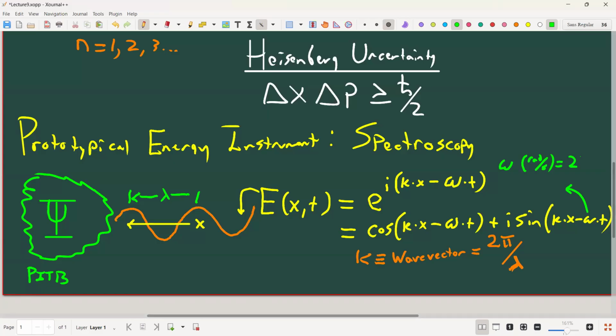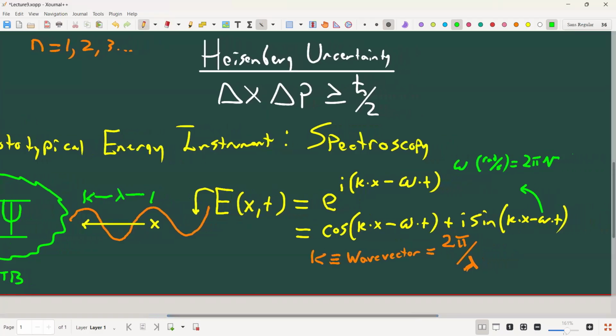And this is going to be 2 pi nu, which is the frequency in hertz, which is 2 pi times the speed of light divided by the wavelength. So omega is related to the spatial variation of the wavelength as well. It just tells you how fast it propagates in time versus in space.